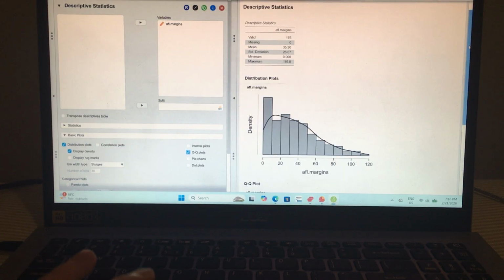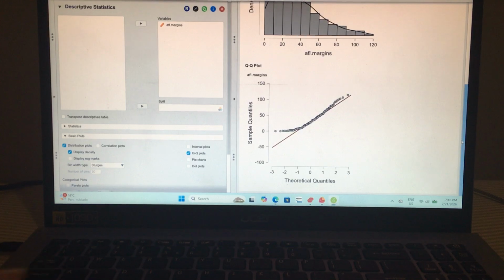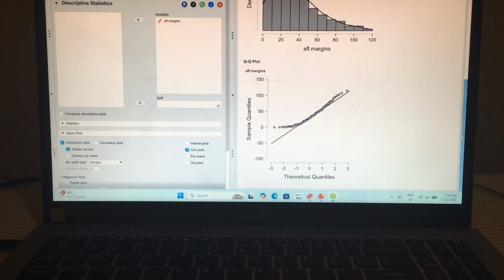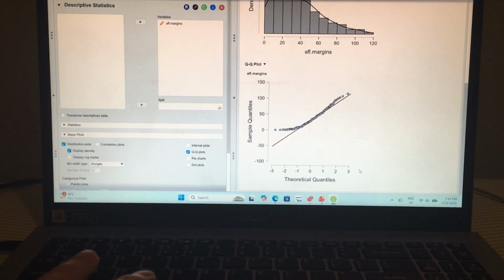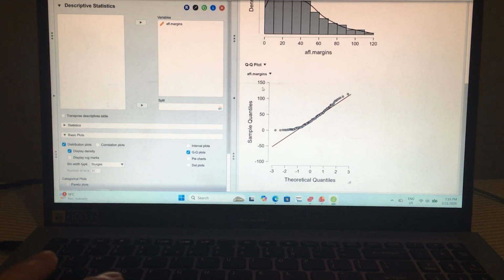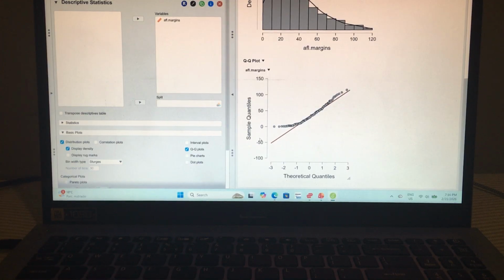So let's take a look. There it is. It goes from -3 to +3 for theoretical quantiles. Sample quantiles goes from -100 to 150. And let's go to page 29.